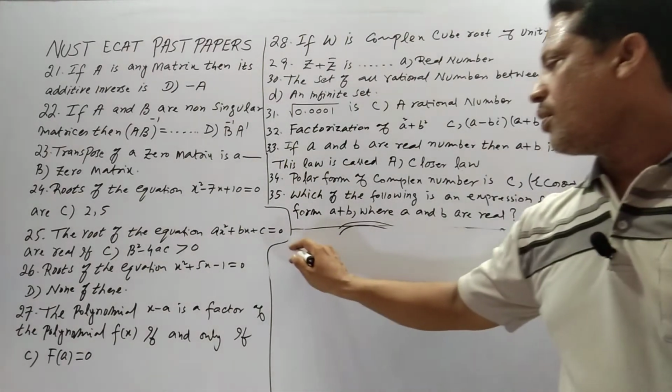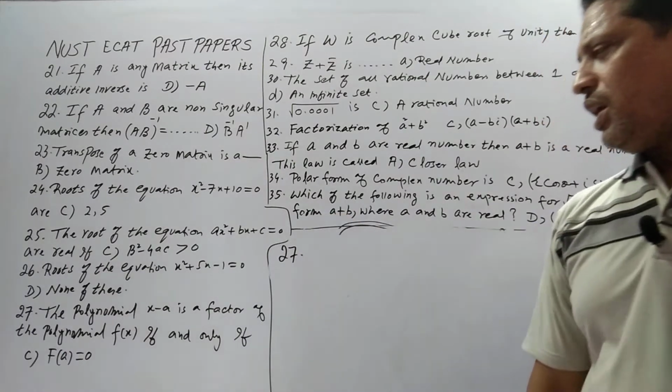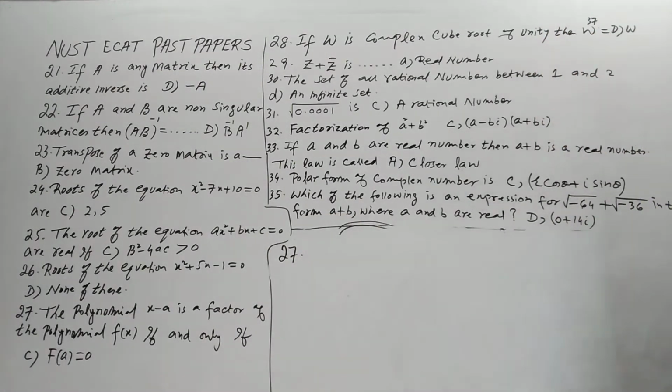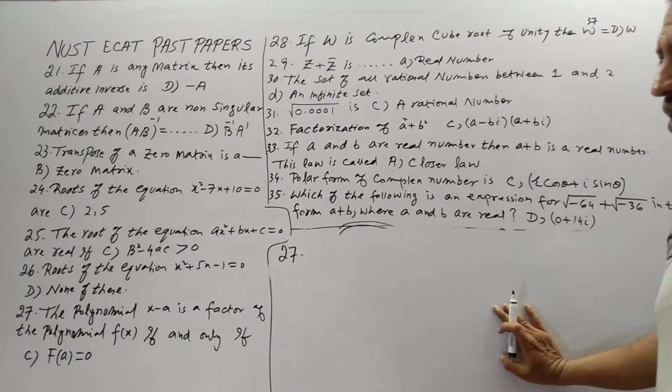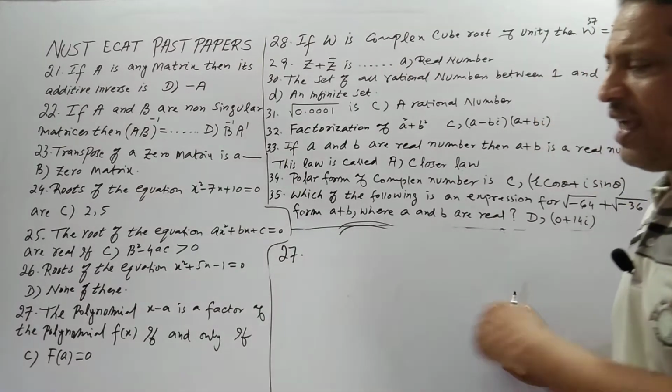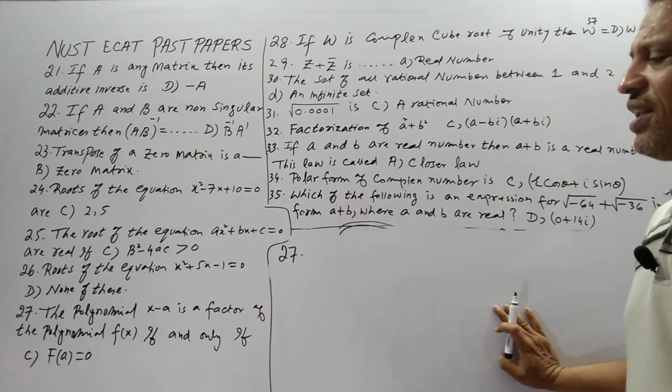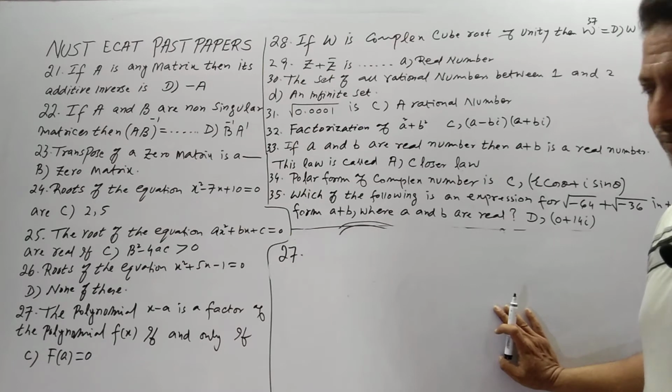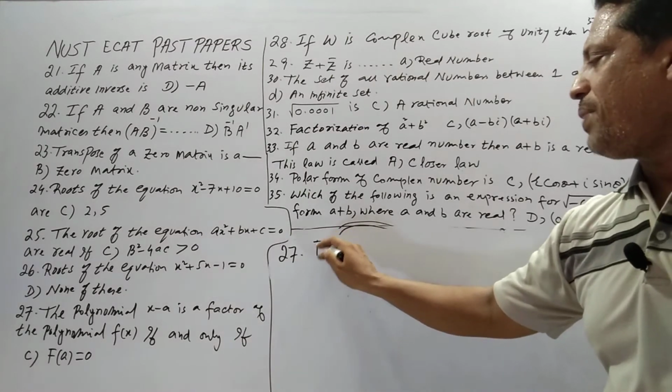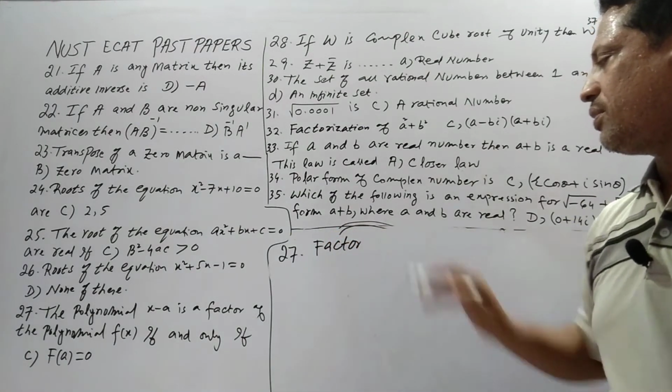MCQ number 27. The polynomial x minus a is a factor of the polynomial f(x) if and only if dash. Student, what is the meaning of factor?